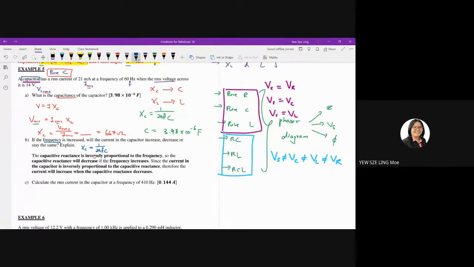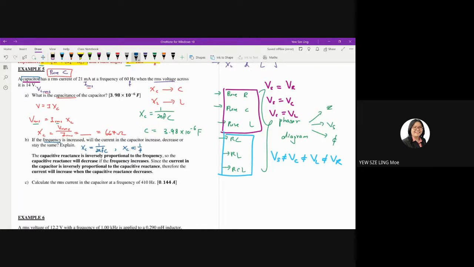So by looking at this equation, what we can tell is XC is inversely proportional to F, since 2 pi is a constant value, and capacitance is also a constant value in this situation, because you are not changing the physical structure of the capacitor.